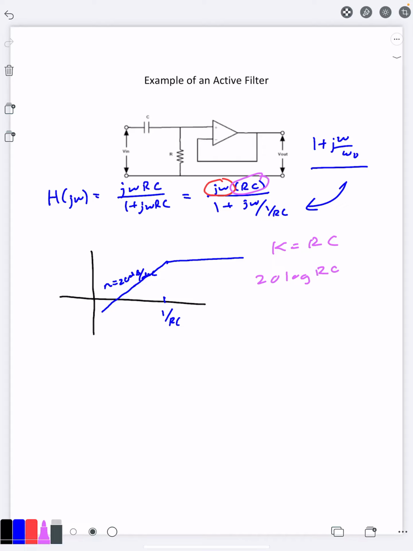You can look at this. If you plug 1 over RC into the original problem here, then you'd get j times 1 over RC times RC over 1 plus j times, sorry, there's a 1 there, 1 over RC times RC. It's going to be 1 over RC over 1 over RC. And all the RC terms are going to cancel out.